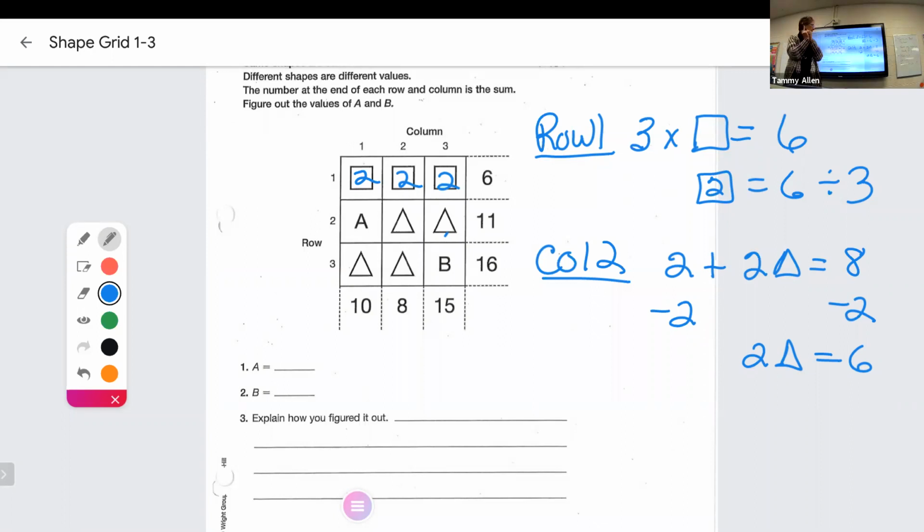Okay? Does that help you? And if I want to figure out my value of my triangle, what would I do? Yep. And if I'm really going to show this correctly, folks, I would be dividing both sides by 2. Okay? So I'm going to jump into that step right now.